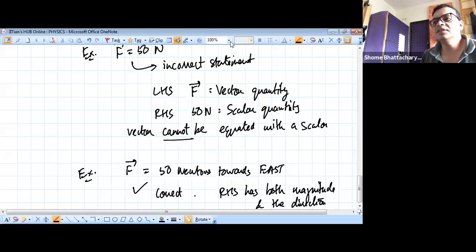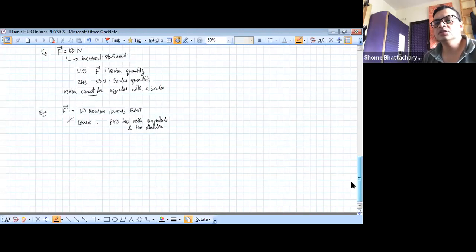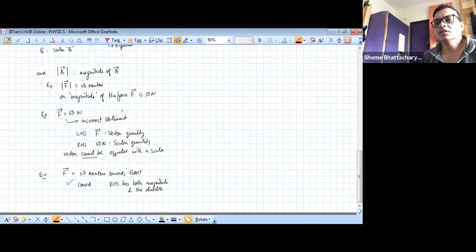Or earlier, like we had said, the magnitude of the force is 50 newtons, mod F is equal to 50 newtons. That is an okay statement, because we are equating the magnitude of the force, a scalar quantity, with 50 newtons.